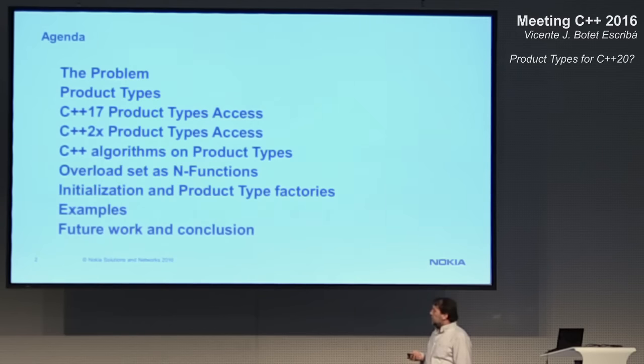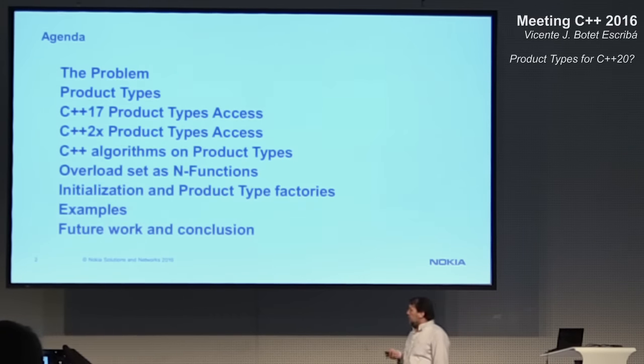We'll see the kind of algorithms that are applied to product types, and some additional constraints that make product types more usable. And we will finish by what could be done in the future and some conclusions.